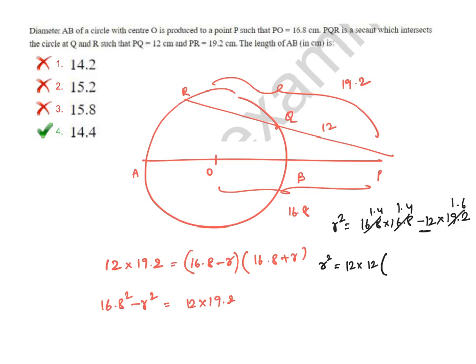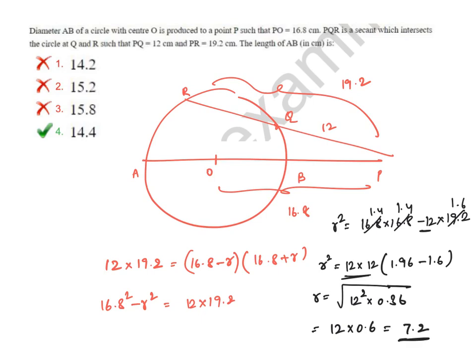Therefore, you can take in common 12 into 12. 1.4 into 1.4 is 1.96 minus 1.6. So R is equals to under root of 12 square into 0.36. So you get 12 into 0.6, which is 7.2. If radius is 7.2, AB is the diameter, that is 14.4. So that's your answer there.